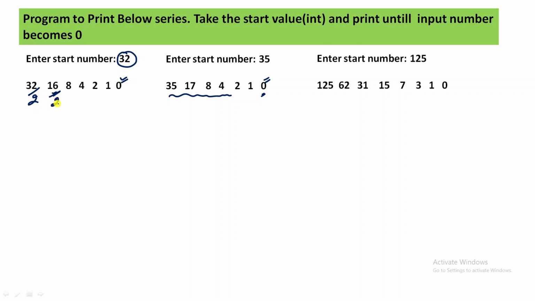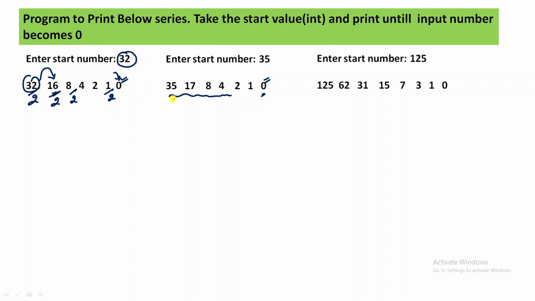Now 16 divided by 2, quotient will be 8. Now 8 by 2, the next number I will get is 4. So I am again and again dividing a given number by 2 to generate the next number, right? So at last when I get 1 by 2, the quotient will be 0. So I will get the next number as 0, and I'll print it, and after that I'll stop.